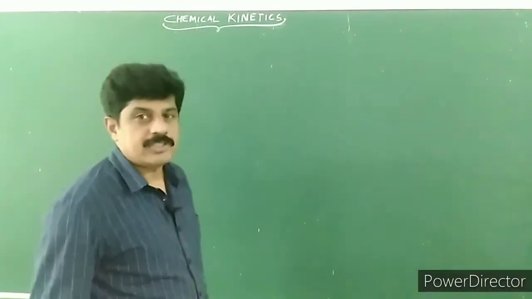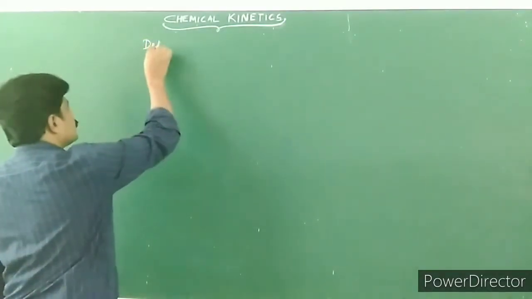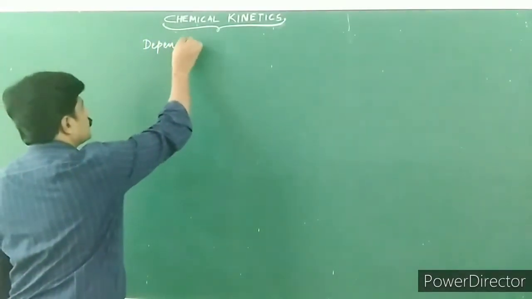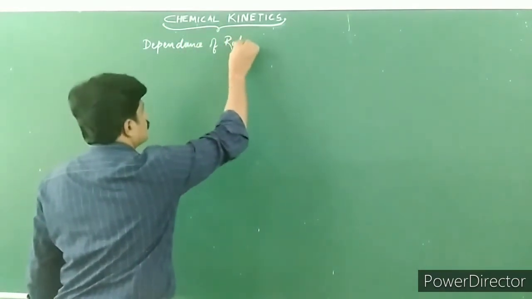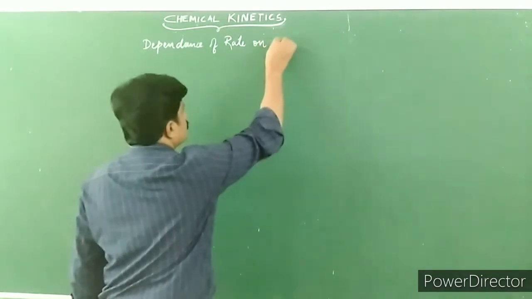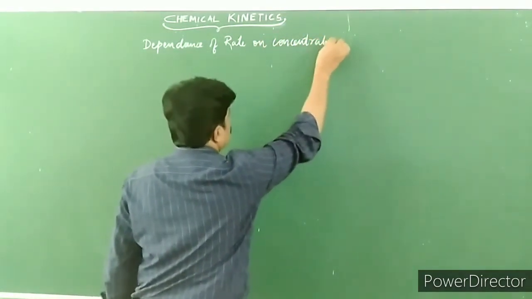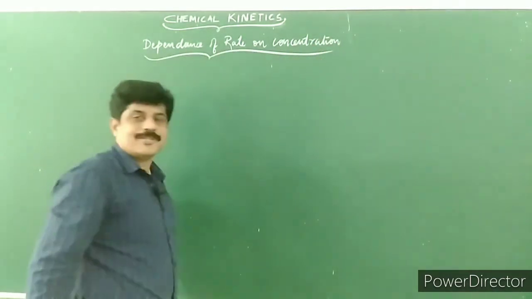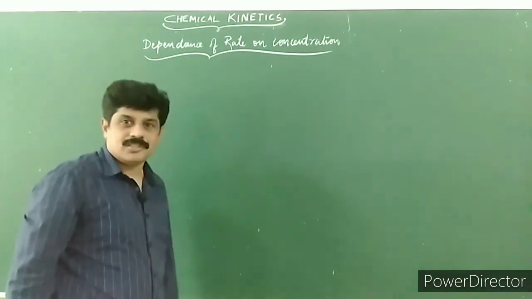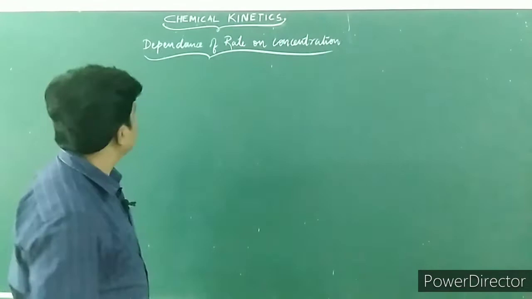Children, let me take up the next topic, that is the dependence of rate on concentration. It is an important topic in order to understand the order of reaction or the molecularity of reaction that you are going to learn in the next classes.